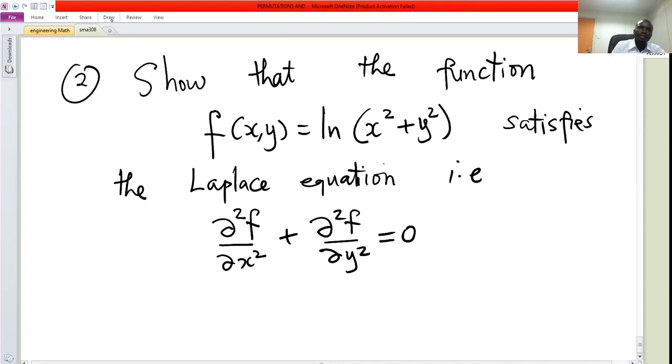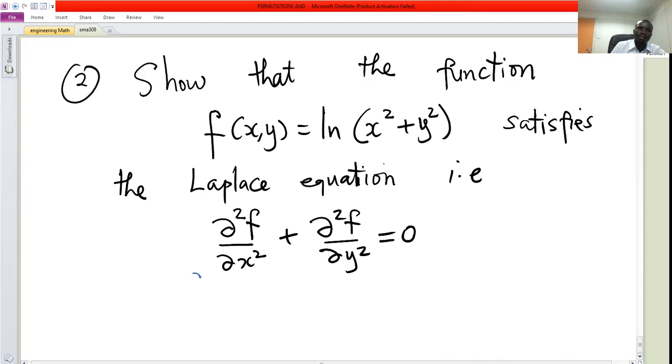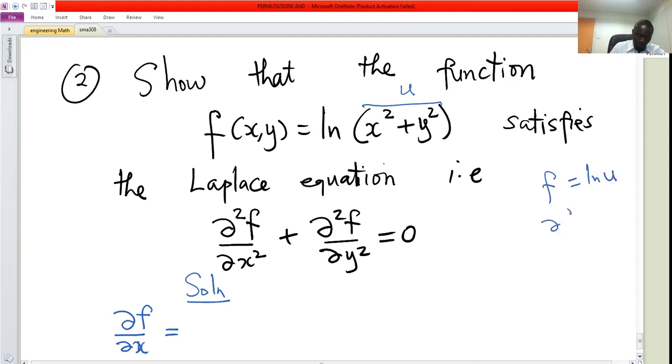To solve this, solution. So we have partial f, partial x. Now, when you differentiate an ln function, if you fix all this part to be u, then f equals ln of u. So partial f partial u will be 1 over u.